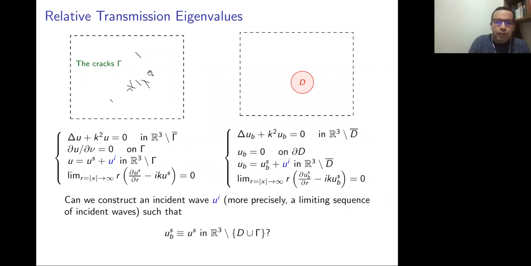Here is the domain with cracks, where the cracks are modeled by a Neumann boundary condition, but you can put any boundary condition you want, in fact. This is a model for the true problem, and I assume that I have some measurements for this problem. For simplicity, I just take the case of a homogeneous media.